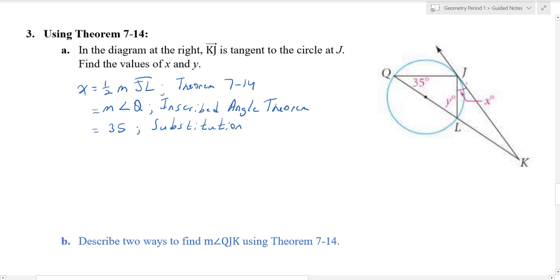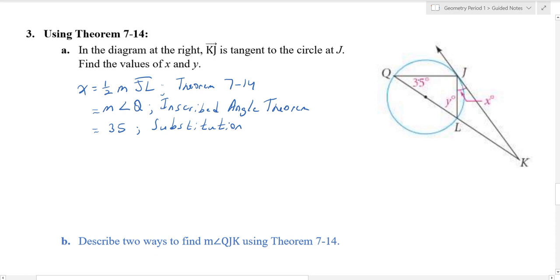That is what Theorem 7.14 says, that x is 1/2 the arc JL. But now we know we have angle Q, and that happens to be 35. Angle Q is 35, given to us.